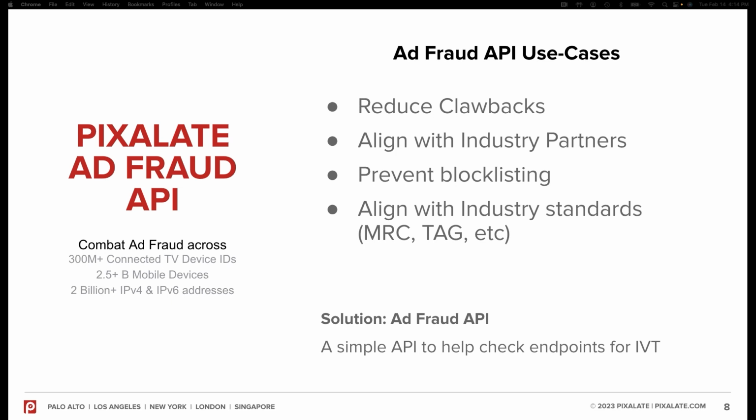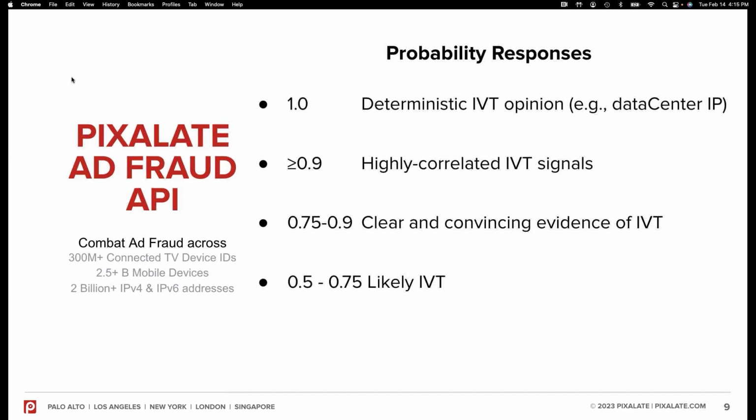So you don't want to be blocklisted. So this could also help with reducing that scenario too. And then finally, it also will help you align with industry standards through MRC, TAG, etc., that you may or may not have heard about, but are important in the advertising industry. So that's the real main goal of the Ad Fraud API, a simple API to help you check endpoints for IVT.